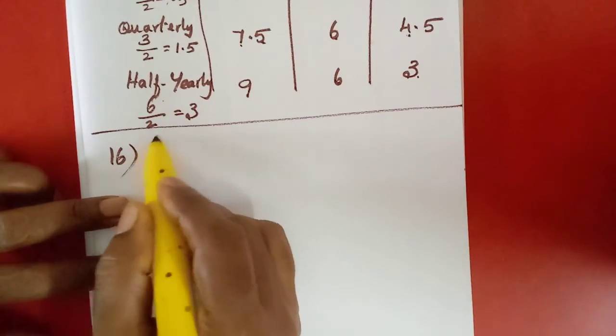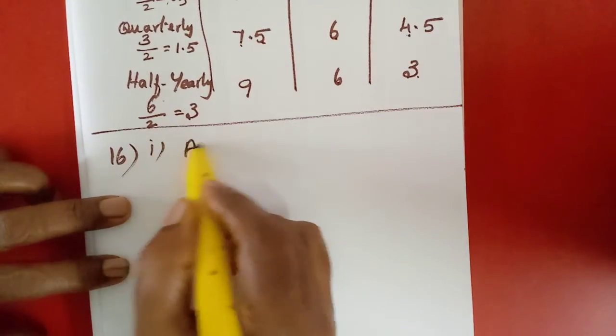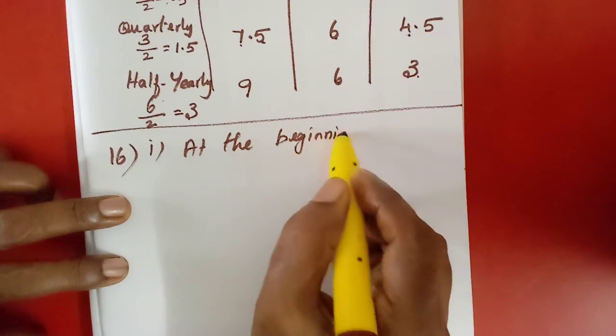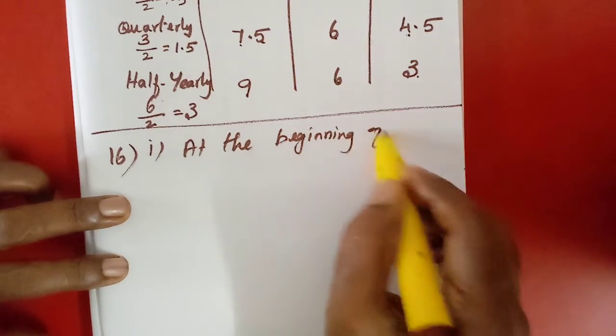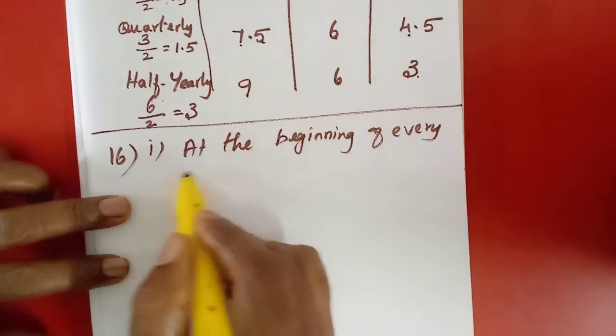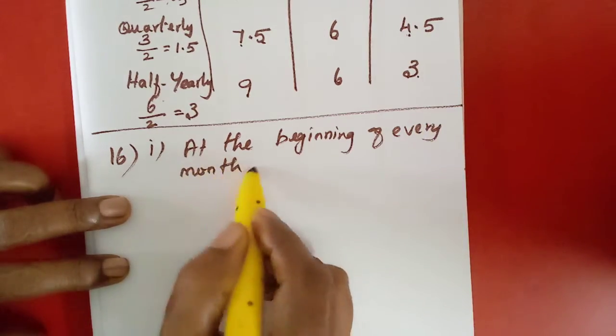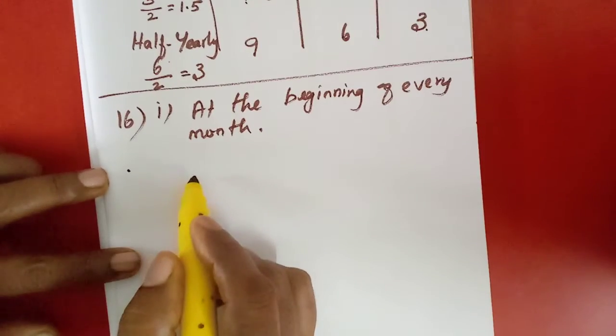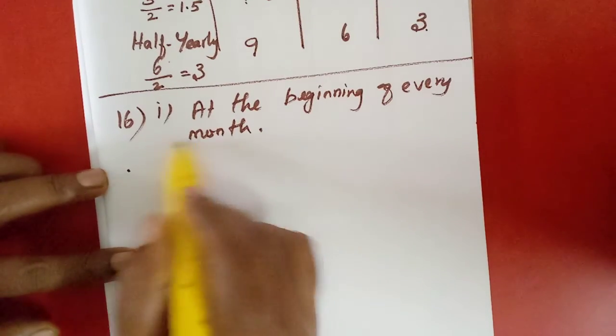First one, at the beginning of every month. That heading we have to write. That's the question, isn't it? At the beginning of every month. Now, we will write first the average period. Otherwise, no need.